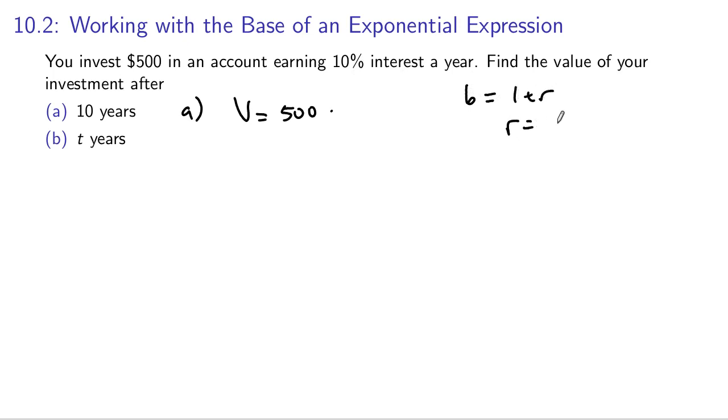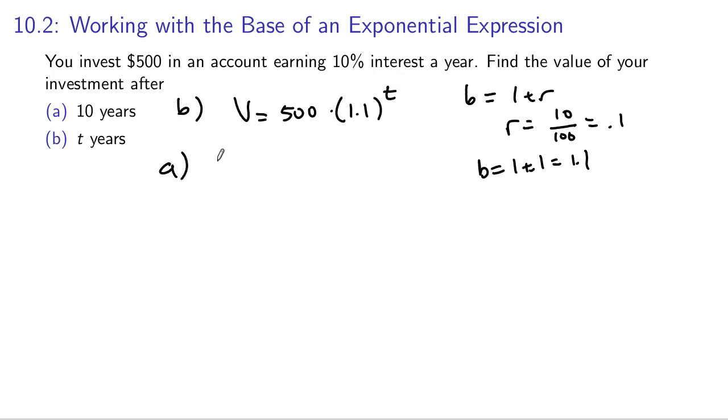The rate is 10%, 10 per 100, which is 0.1. So b would be 1 plus 0.1, which is 1.1. So I multiply by 1.1 to the t for each year. Sorry, that's the answer to part b, which maybe is helpful to do first.